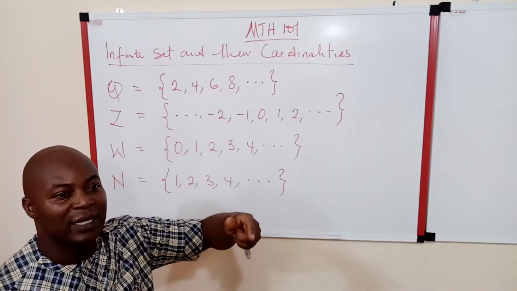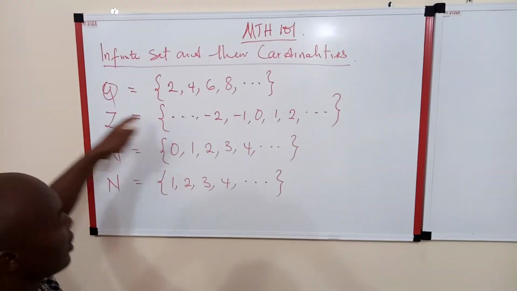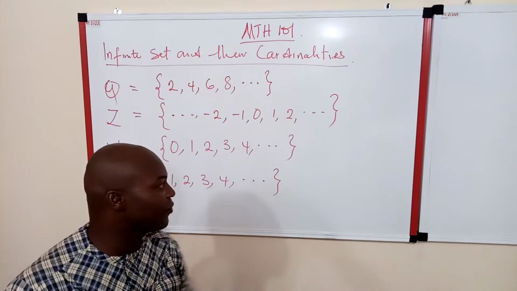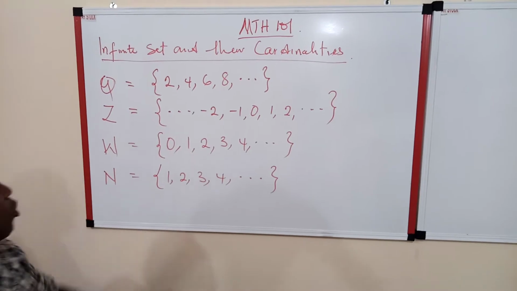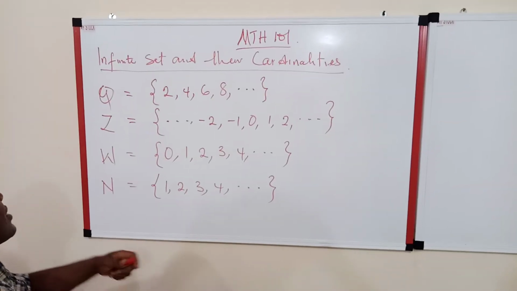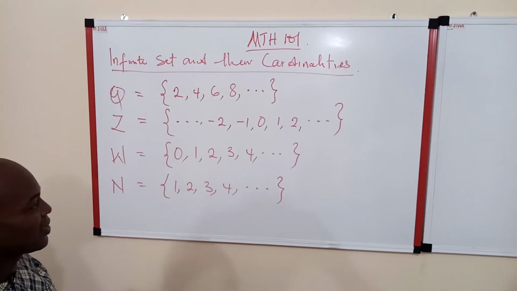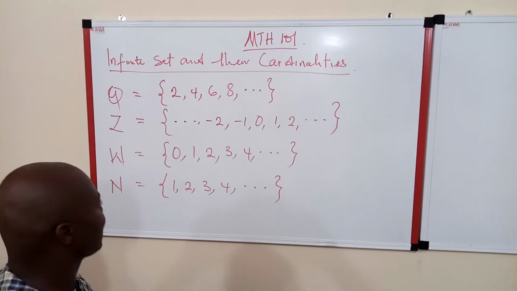It doesn't end, and it tends to infinity. To the left it tends to negative infinity, to the right it tends to positive infinity, and the same thing in the other cases. So these are good examples of infinite sets.